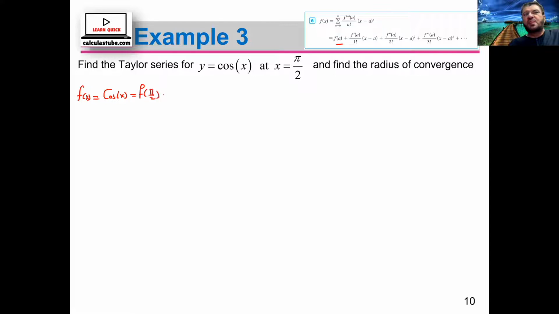Pi over 2, plus f prime at pi over 2 times (x minus pi over 2) to the power 1 over 1 factorial.